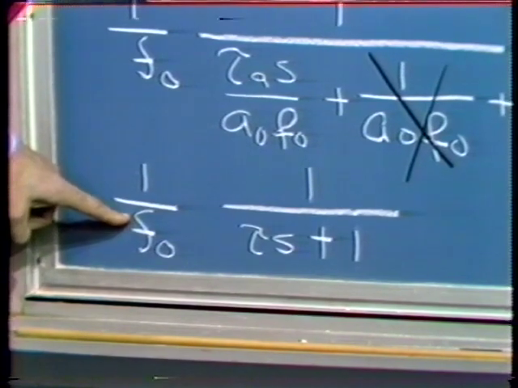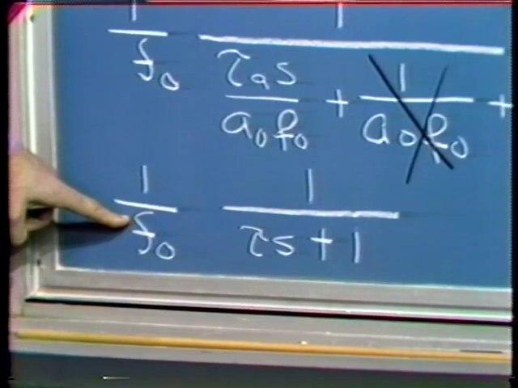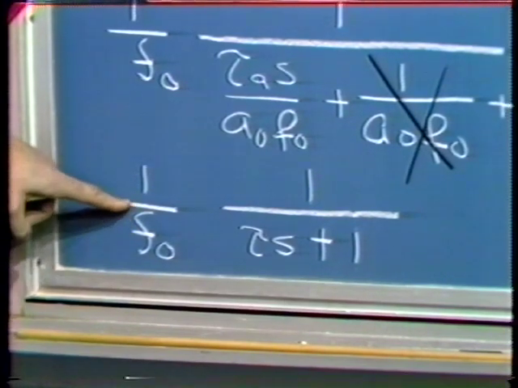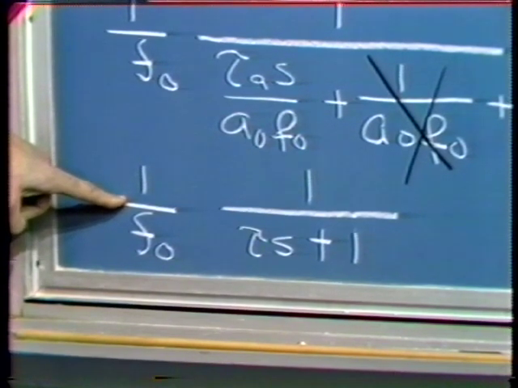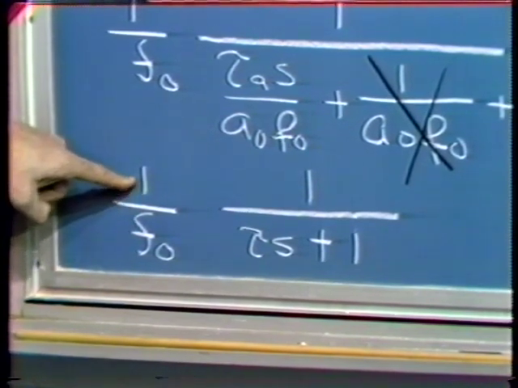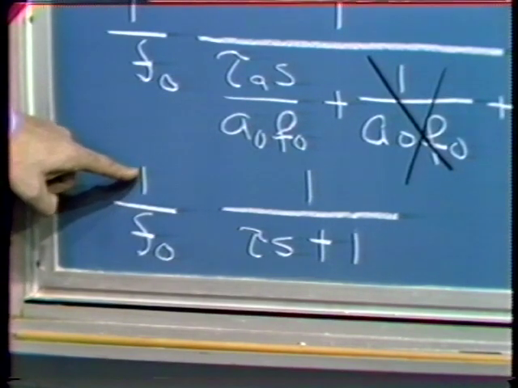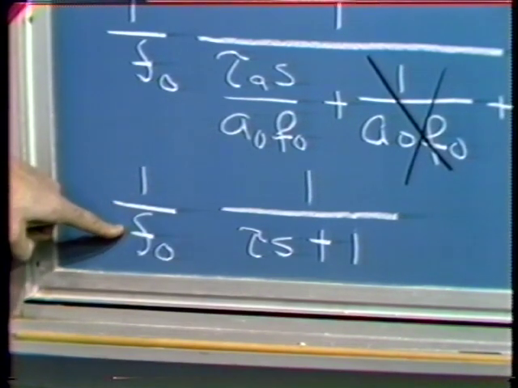That's what we'd anticipate. We said, look, at sufficiently low frequencies, the a naught f naught product is large, the loop transmission magnitude is large. We'd anticipate that the closed loop gain was determined simply by the feedback element, and this is how it shows up. The closed loop gain at sufficiently low frequencies is simply 1 over f naught.